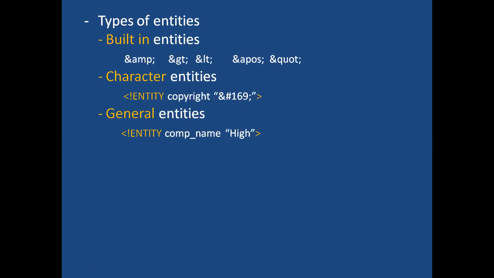Instead of representing only a single character, general entities can represent characters, paragraphs, and even an entire document. Here, the parser will replace this entity reference with hi. So whenever there's a reference for company name, that will be replaced with hi.